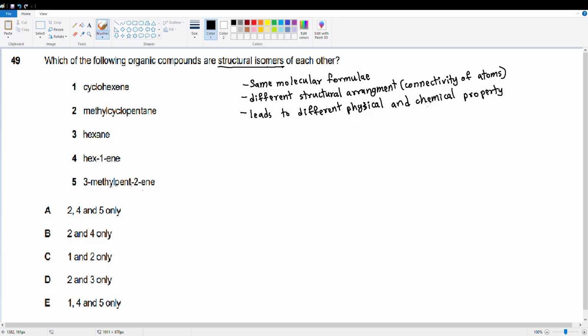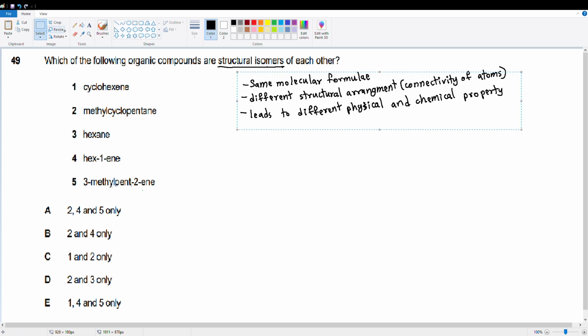Chemical properties could be their reactivity with other compounds and their acidity. So now we know the three main key points about structural isomers. Let's solve these 5 given compounds to find out which ones are structural isomers.